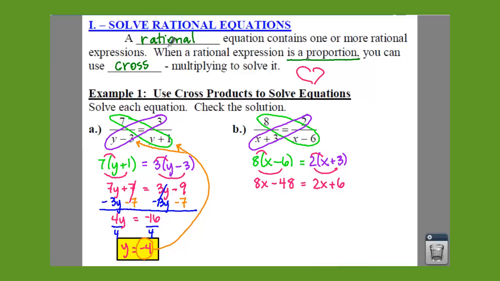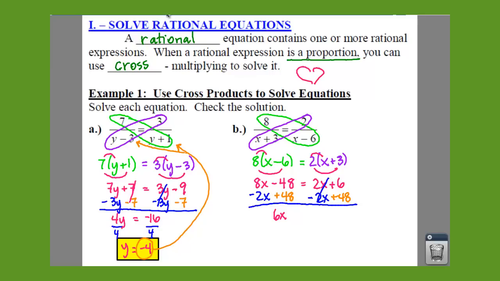So now we just have to combine our x's on one side of our equal sign and put our numbers on the other side. So let's go ahead and subtract 2x. When we do that, they cancel on the right. On the left, we're going to end up with just 6x, and we need to get rid of that minus 48 as well.